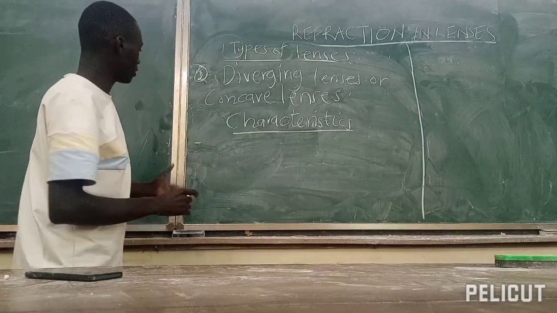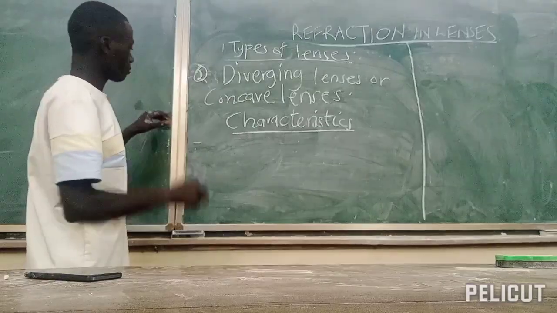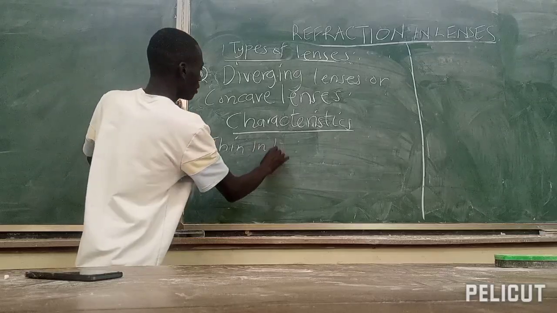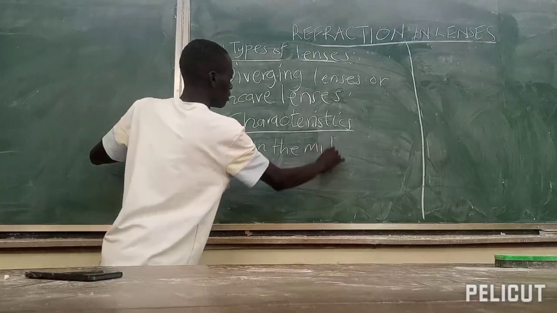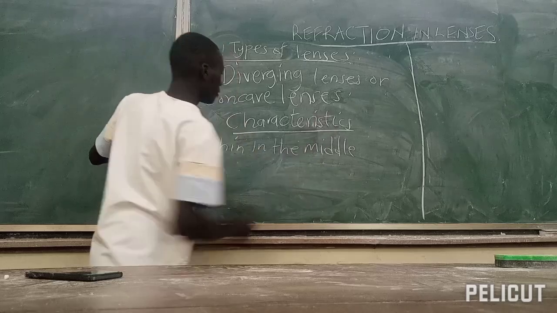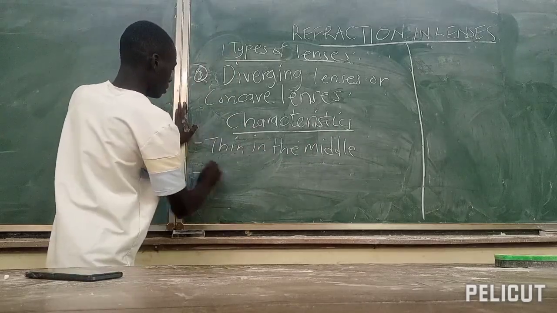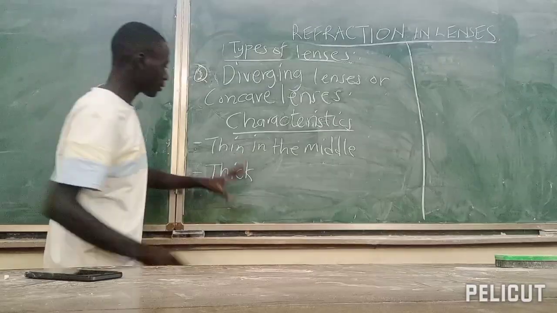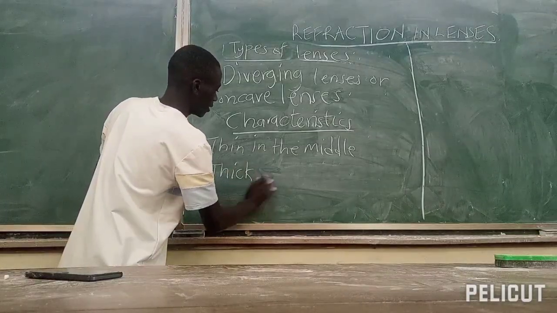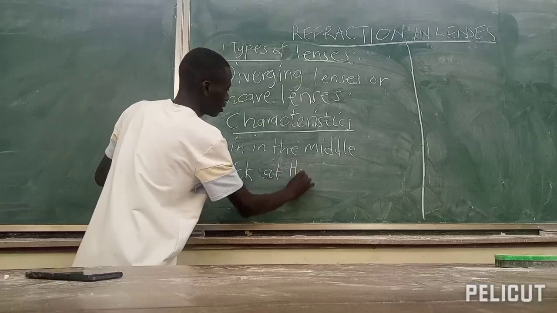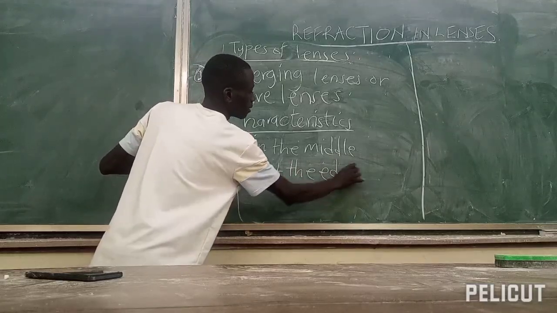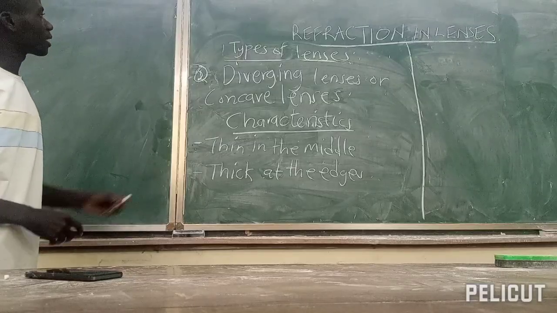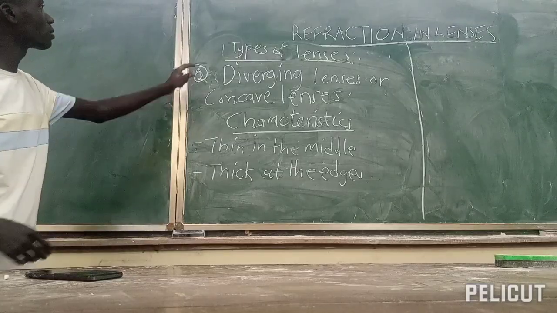The first one we said is thick in the middle, but now this one is thin in the middle. Then it is thick at the edges. Okay? So those are the characteristics of the two different types of lenses.